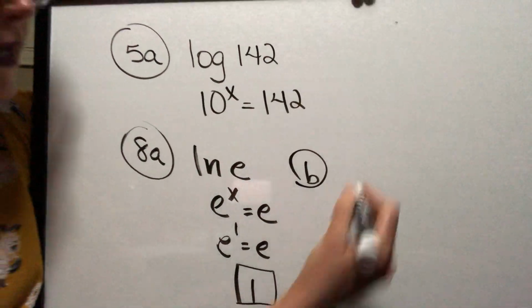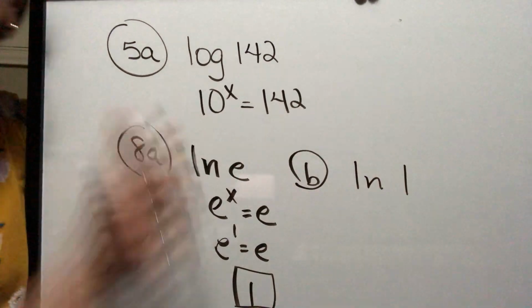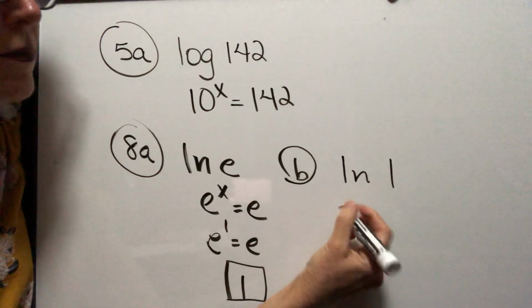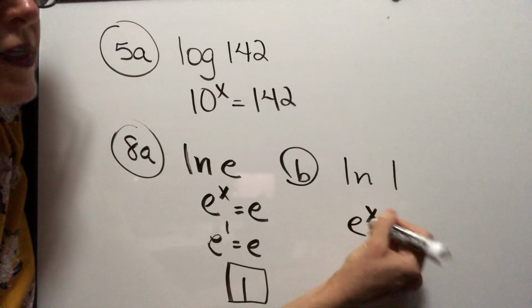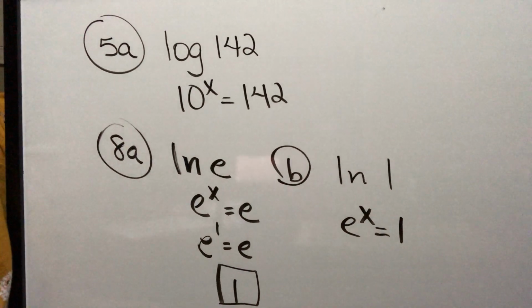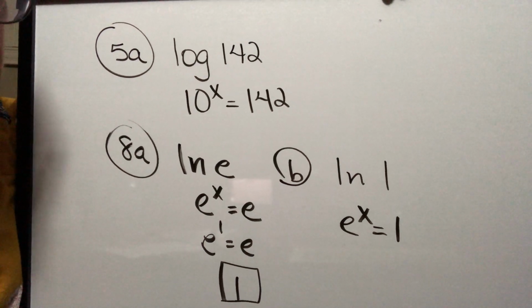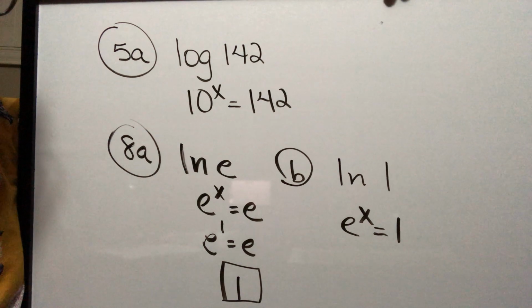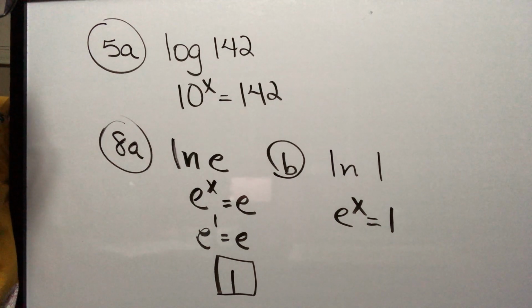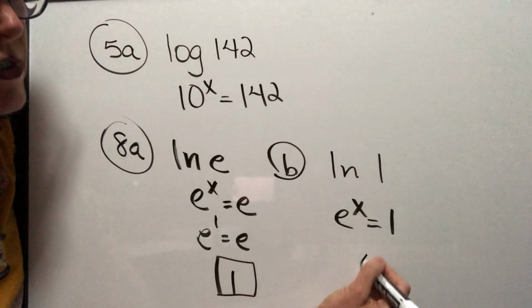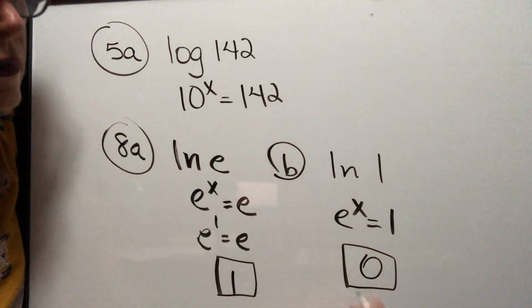B, natural log of 1. Remember, natural log means a base of e. So e raised to what power would be 1? In algebra, you studied exponential rules. This is algebra 1. And you learn that any number to the 0 power would be 1. So that is the case here. e to the 0 would be 1.